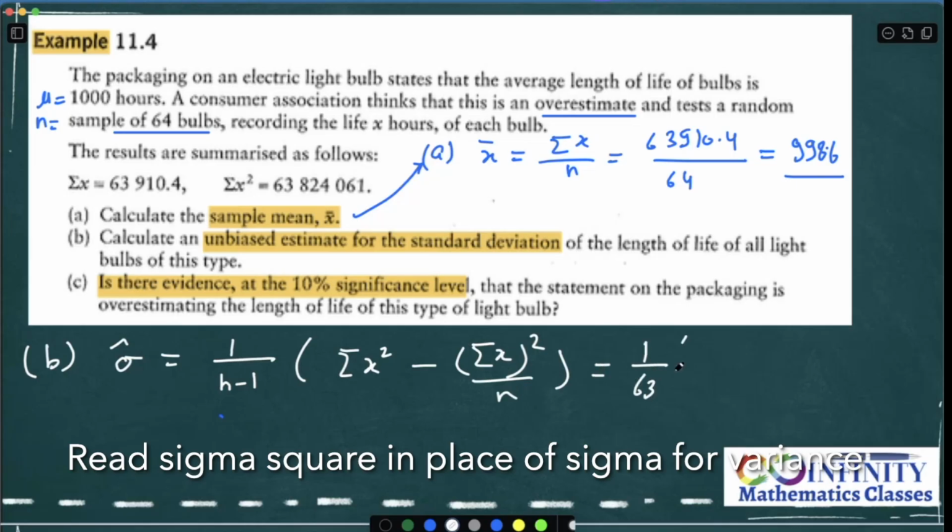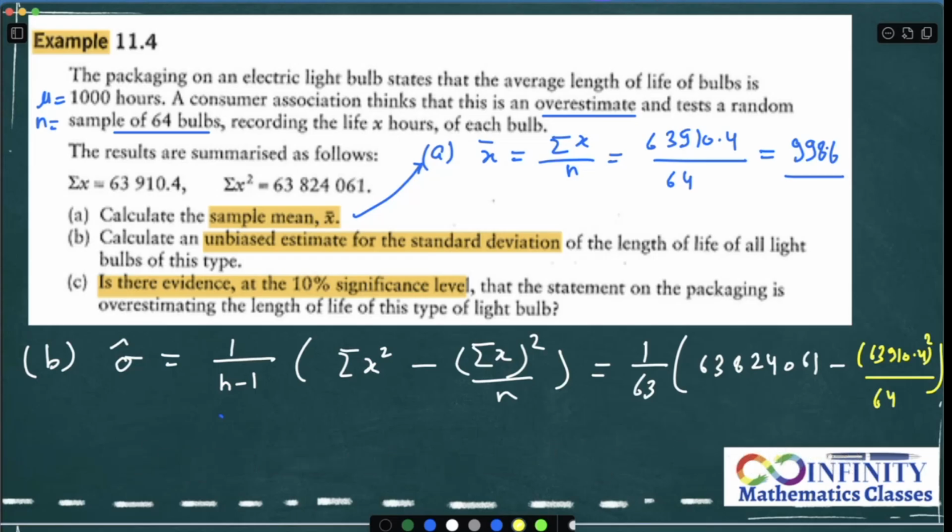It is 1 over 63, times 638246061 (summation x square), minus, please help me, (63910.4) whole square divided by 64. Can you please do the calculation? Just a second, sir.